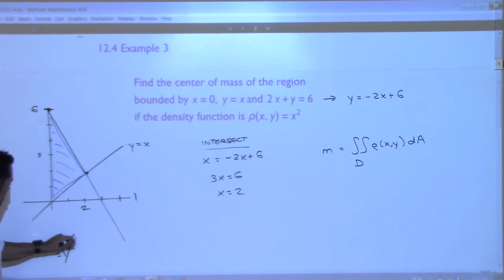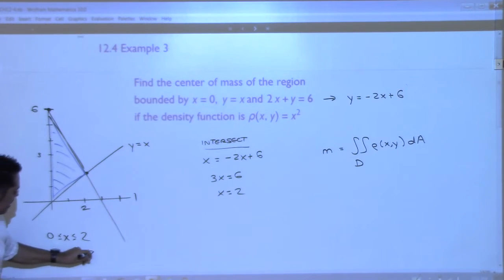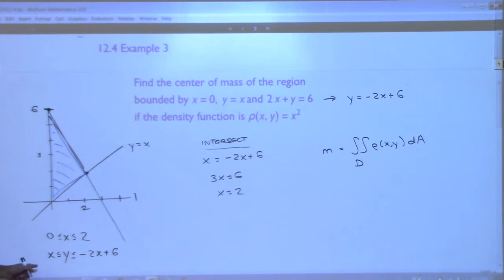So how about x? 0 to 2? And what about y? Y is greater than x, greater than this one, and less than that one, right, which I solved over there, negative 2x plus 6. Right, so it's a type 1 region.